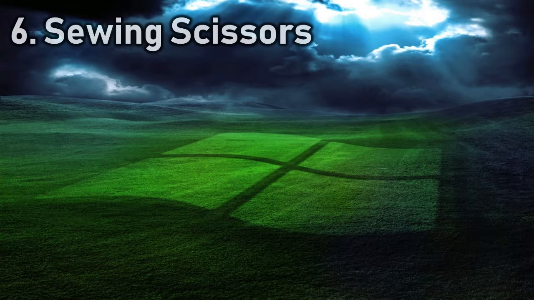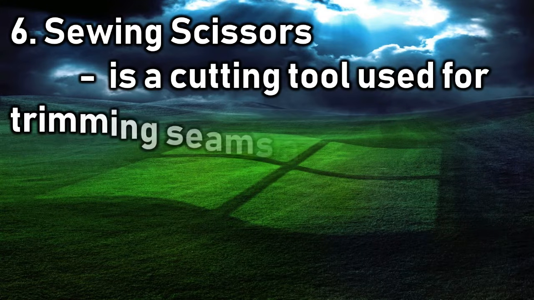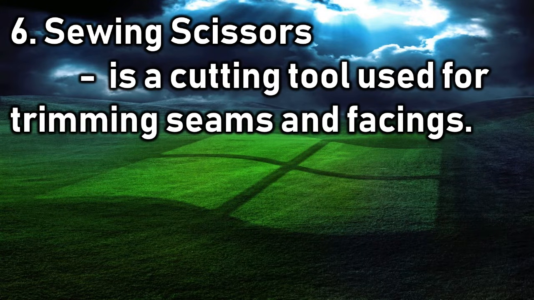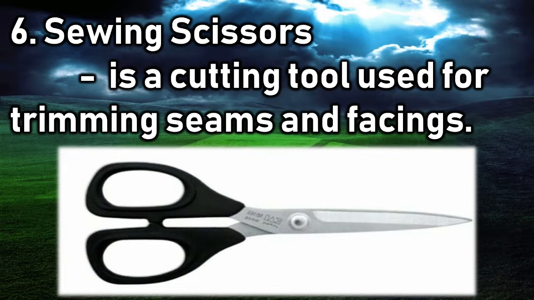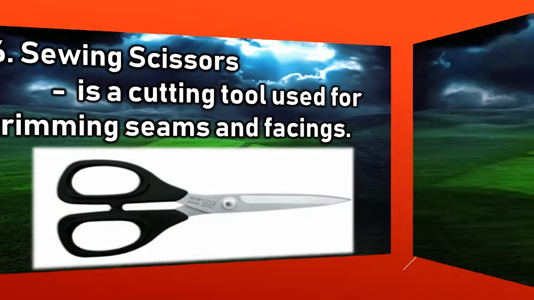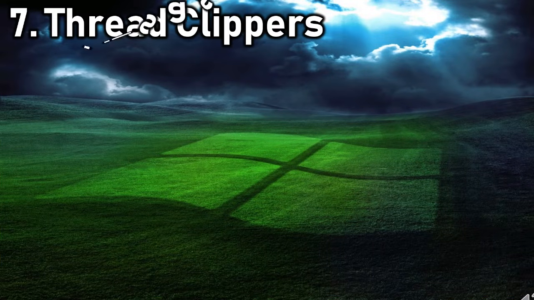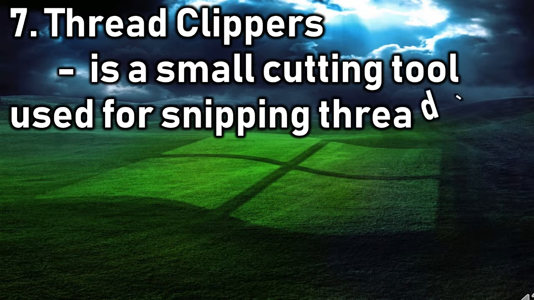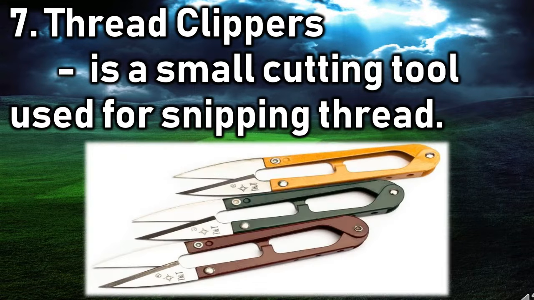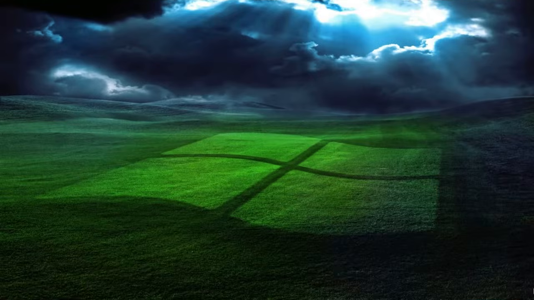6. Sewing scissors is a cutting tool used for trimming seams and facings. 7. Thread clippers is a small cutting tool used for snipping thread. 8.